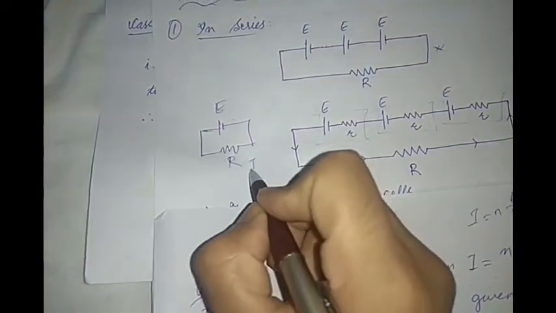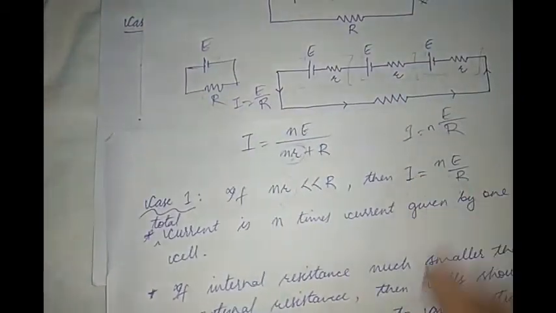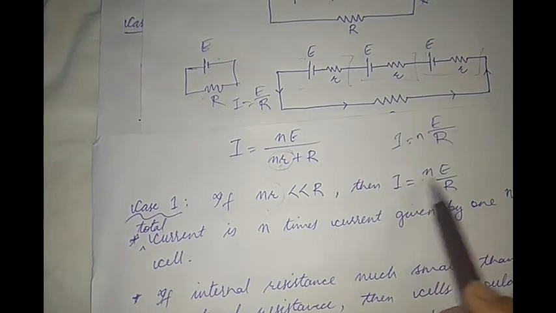What is the current drawn? The current drawn is the EMF divided by the total resistance in the circuit. I hope you all are following what I'm saying. So if Nr is much lesser than R, we have I is N into E by R, where E by R is approximately the current given by a single cell.